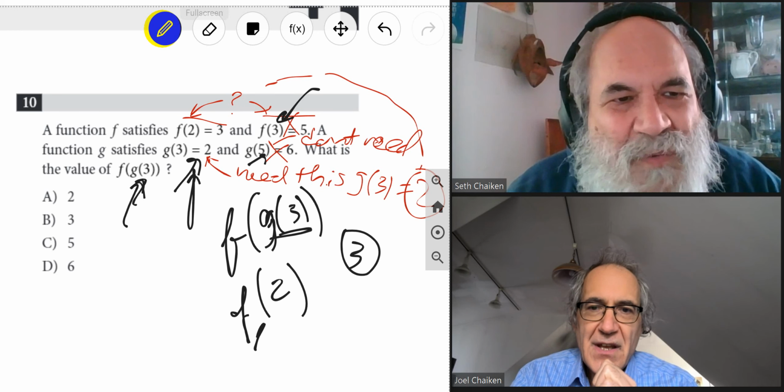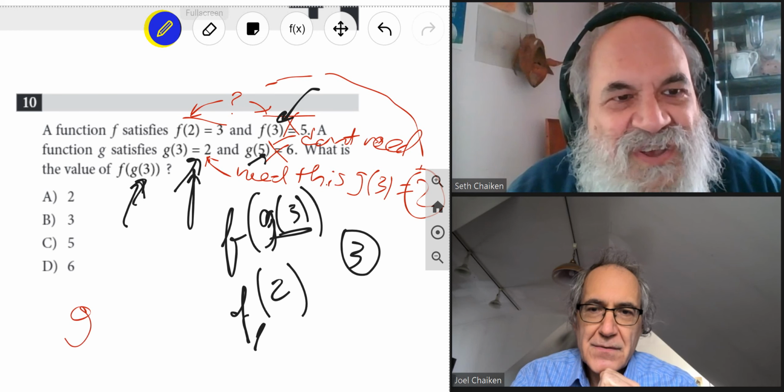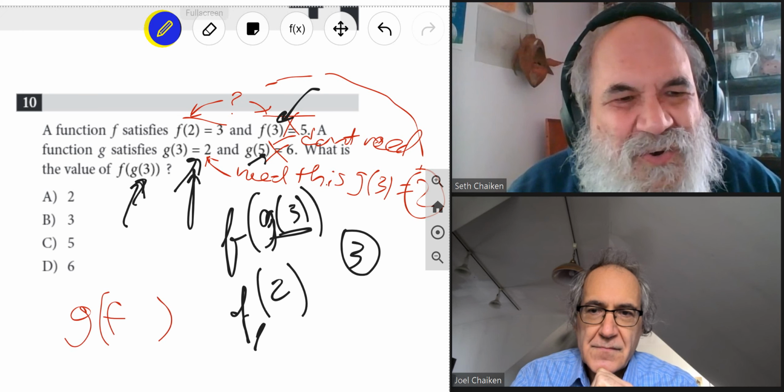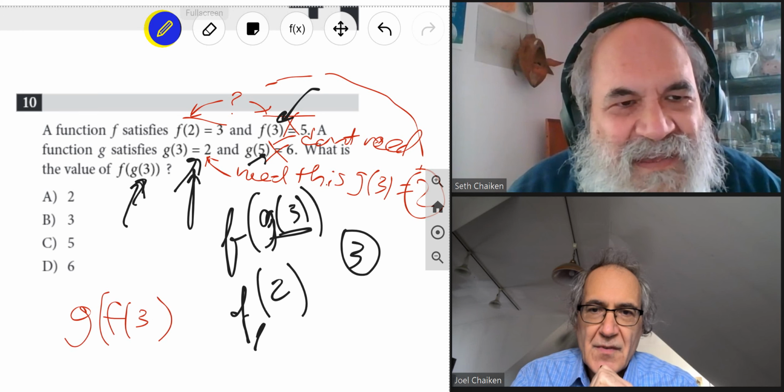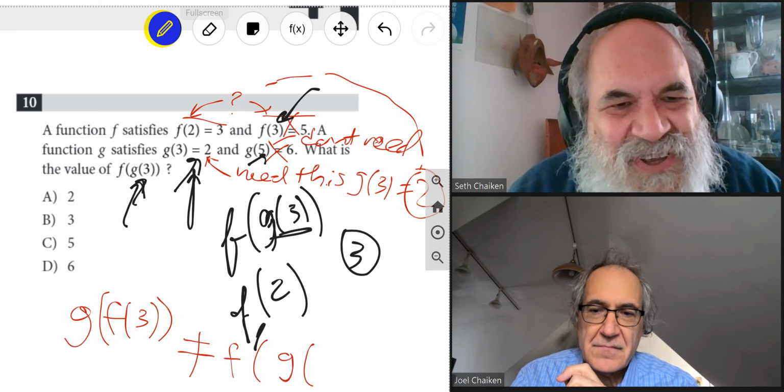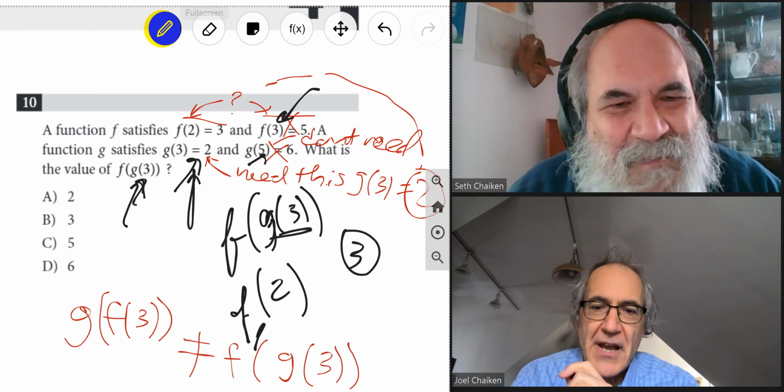So the value of g on the value returned by f at 3 is not the same as the value of f on the value returned by g at 3.